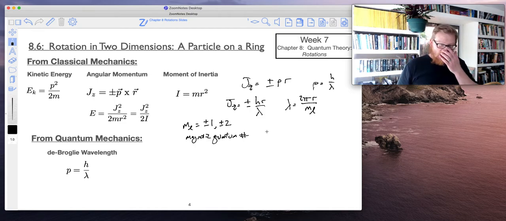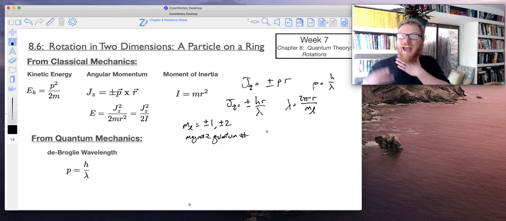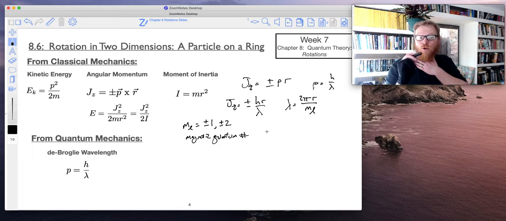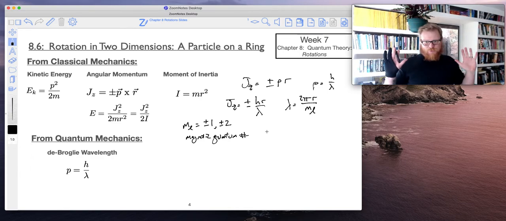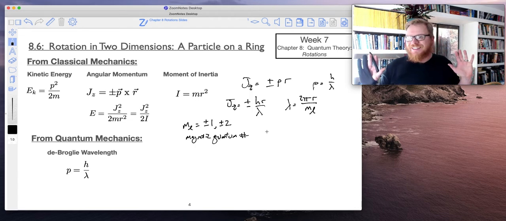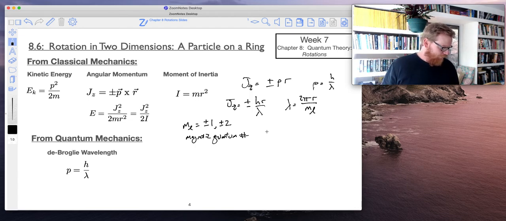And as we shall see, we're going to be able to add other qualifiers to this ml. As it turns out, plus or minus 1 and plus or minus 2 aren't the only values that are acceptable. But for now, this is as much as we can say is acceptable for this quantum number. I might have a picture of that coming up.